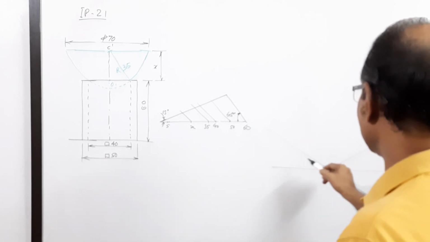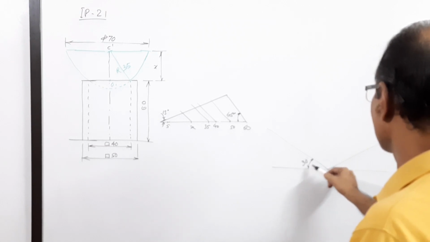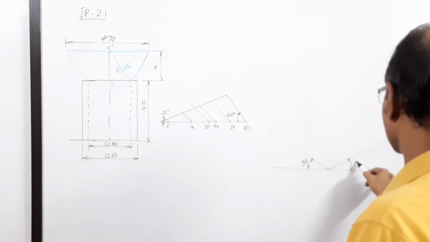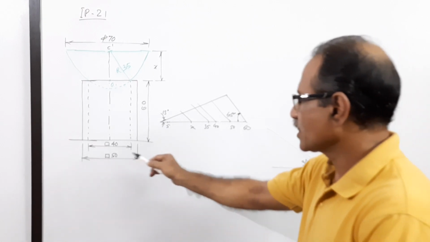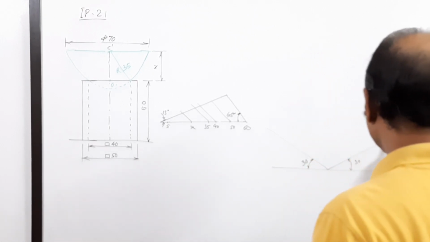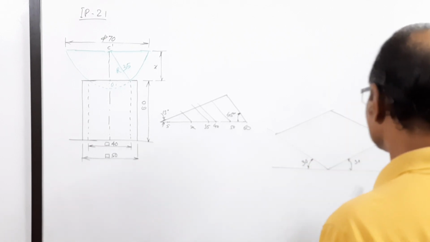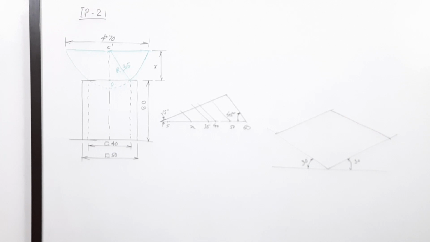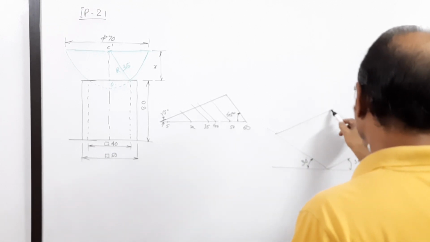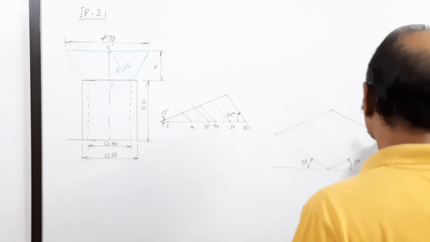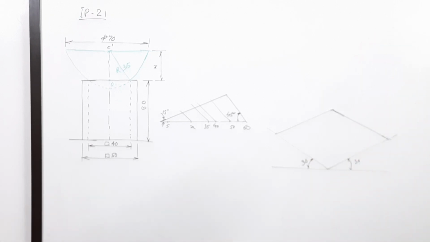After doing this much, draw two 30-degree lines, ISO axis 30. Take ISO 50 and mark, construct the rhombus. ISO 50 rhombus.